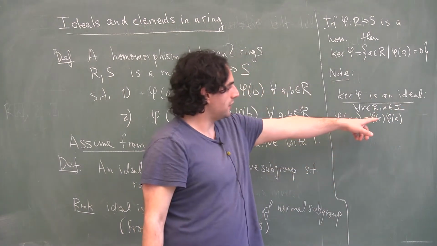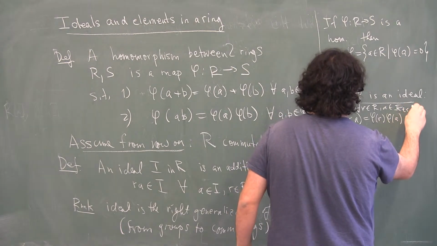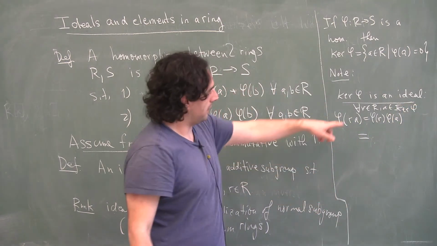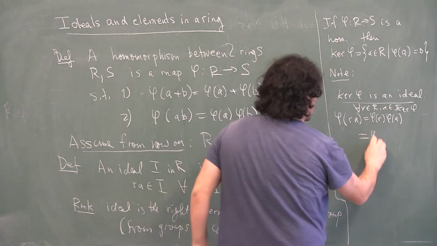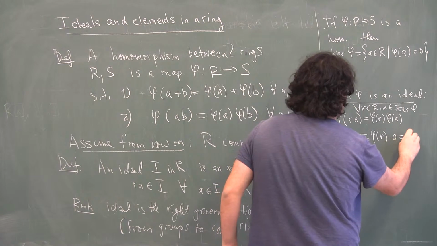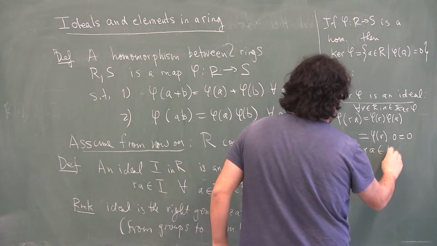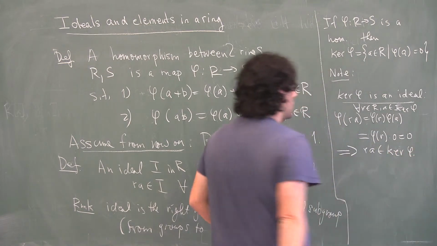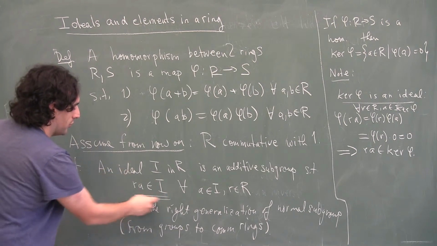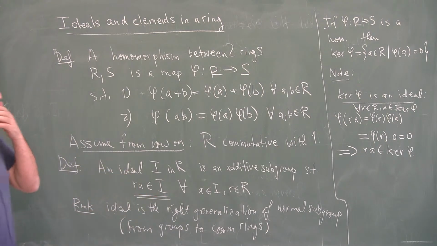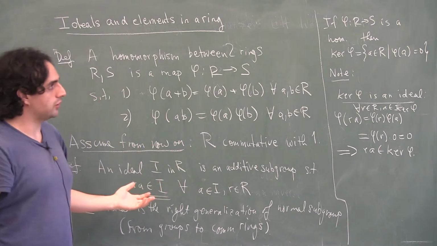Because a is in the ideal, and my ideal here is the kernel of phi, because a is in the kernel, phi of a is equal to 0. So this is phi of r times 0, which is equal to 0, which implies that ra is again in the kernel of phi, which shows that the kernel of phi has this ideal property. Okay? So this is a good sign that we have made the right choice.